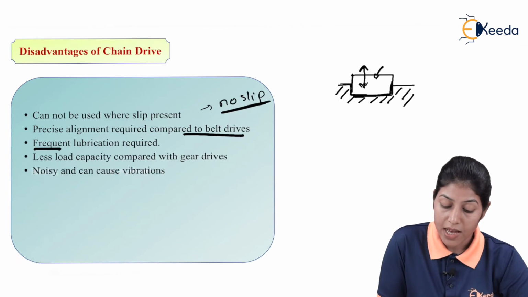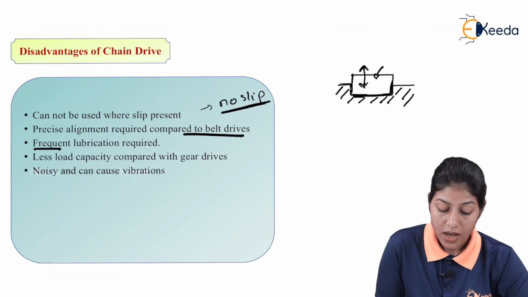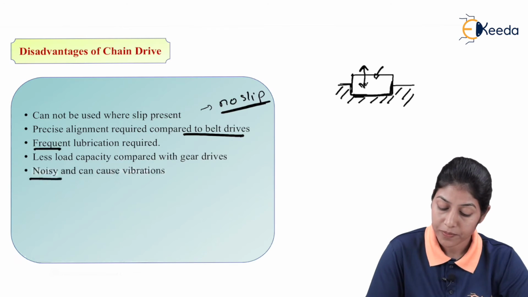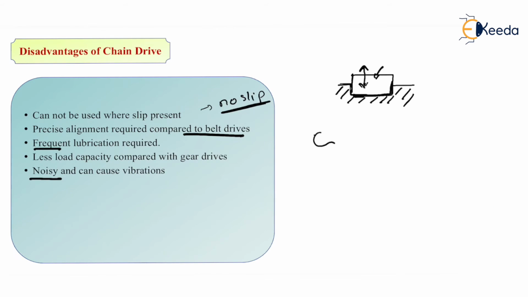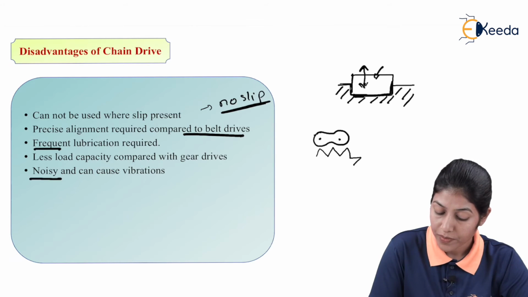And as it is made of different types of metal, it is stronger and it creates a lot of noise because friction force is present. That friction force we can define.